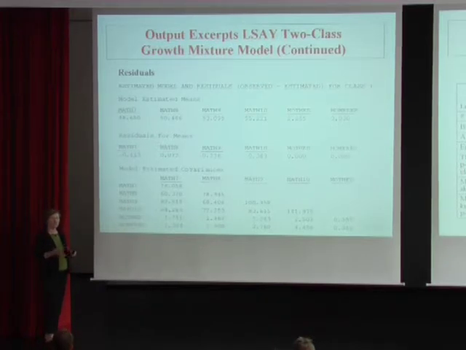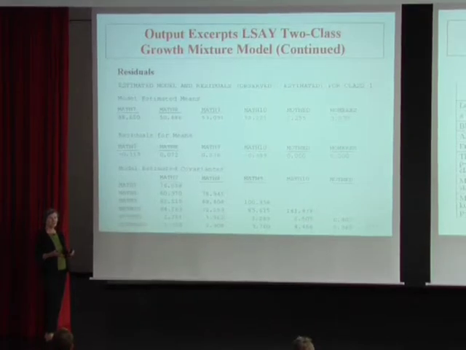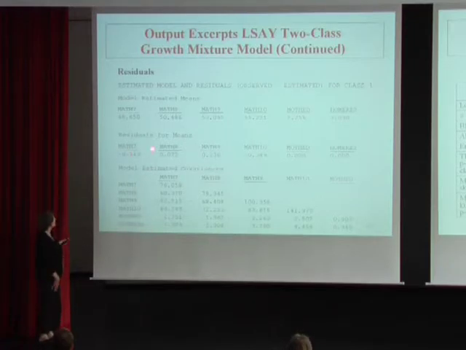Since we have multiple classes, we can't just get observed for the overall, so we have to weight using the posterior probabilities.